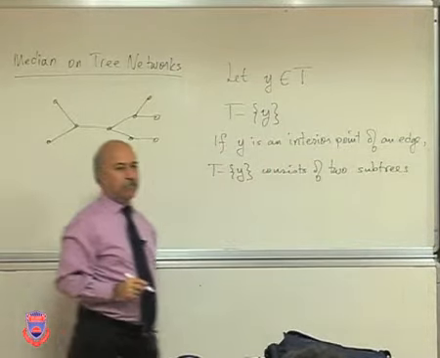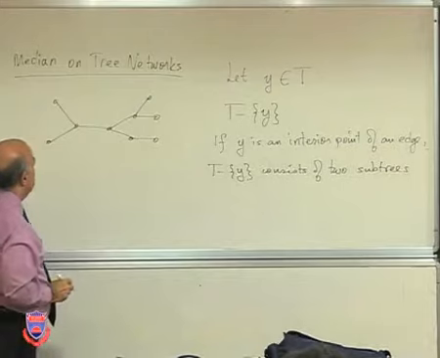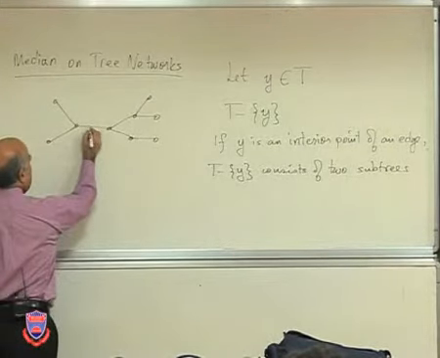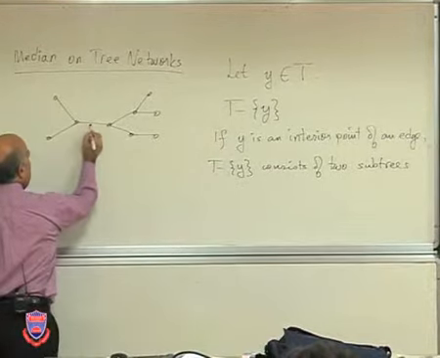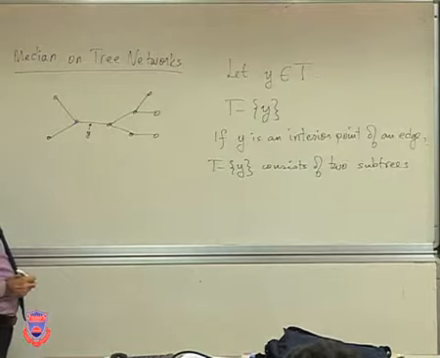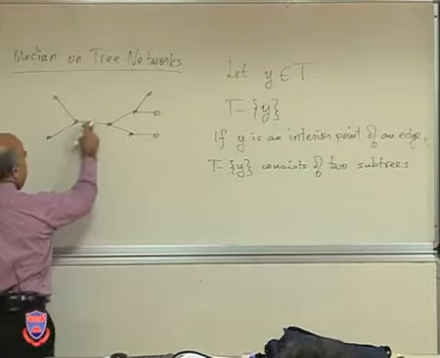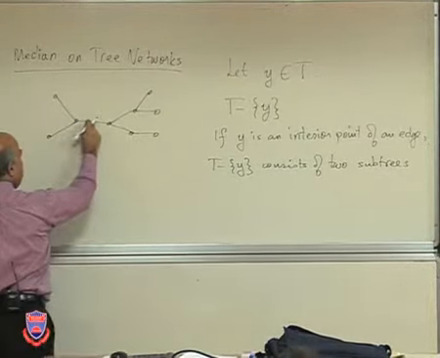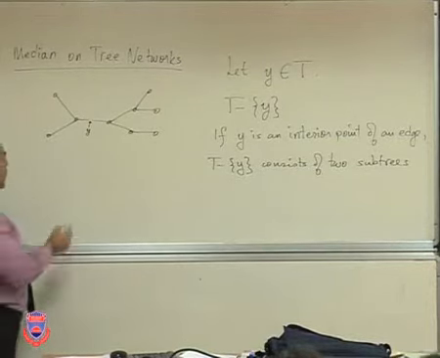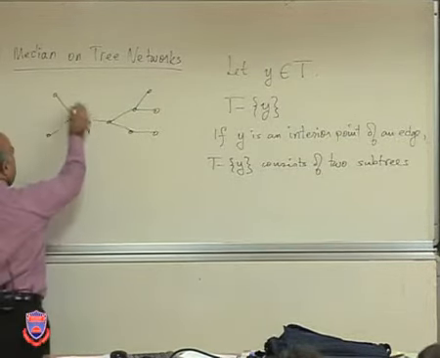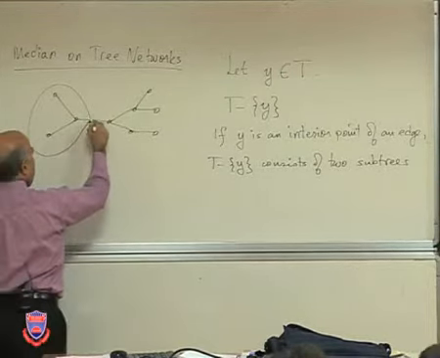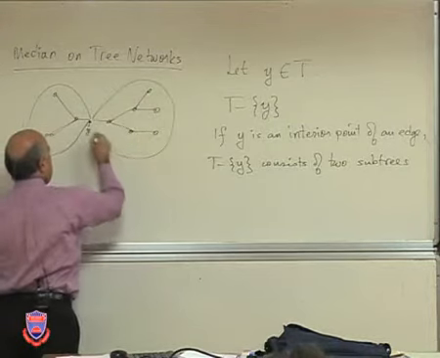Okay? As an example, if I happen to pick y to be this particular point here, when you delete that, you're going to have a hole here. It's just deleted. And you've got one subtree here and another subtree here.